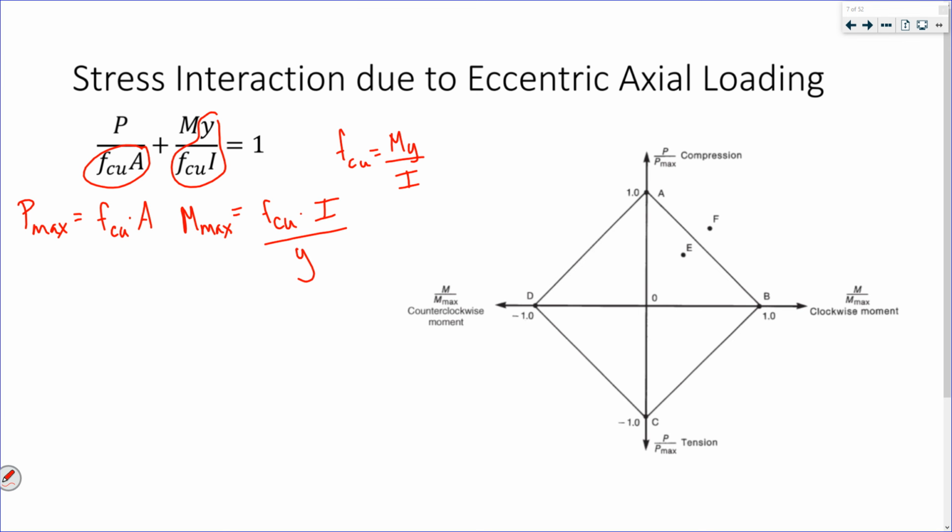Right? Stress associated with failure times I over the distance to that extreme compression fiber from the centroid.